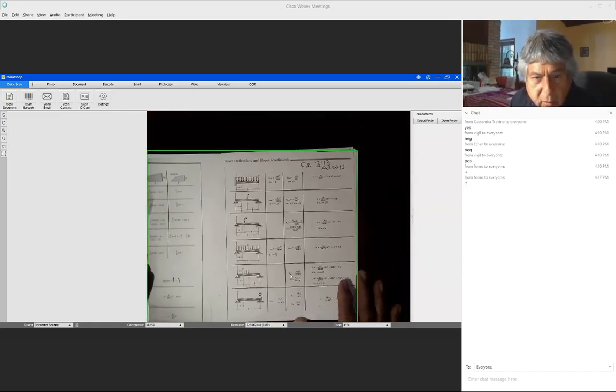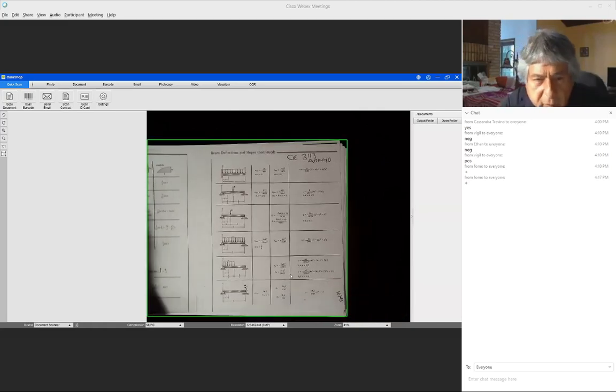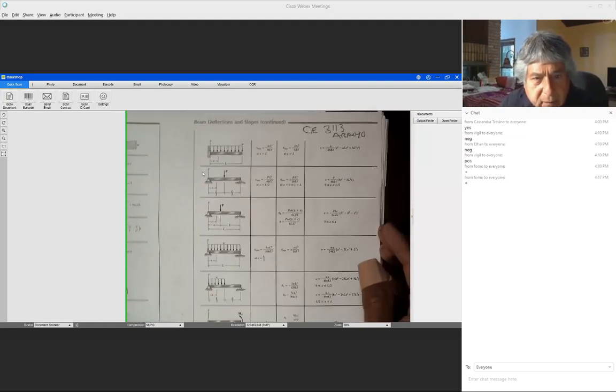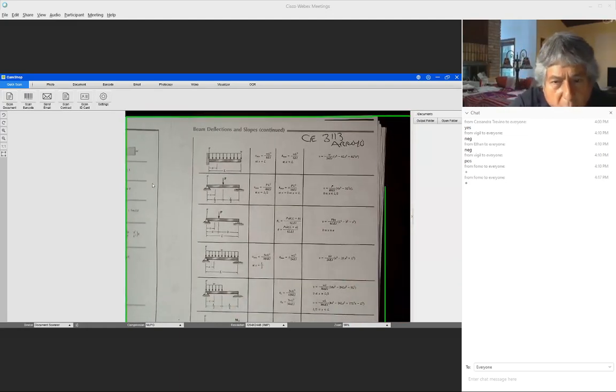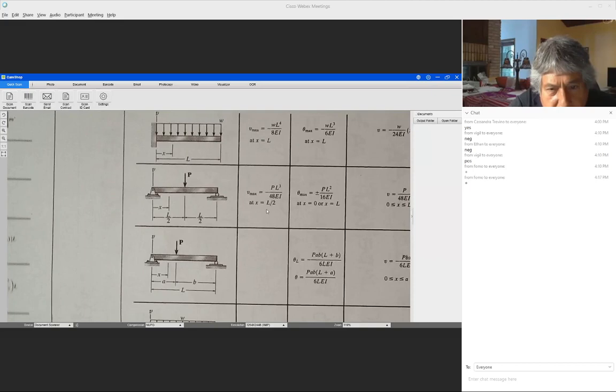Every textbook has a table for deflection and rotation. This is the case that I just did, when the load is exactly in the middle. The maximum deflection at the middle is PL cubed over 48EI.